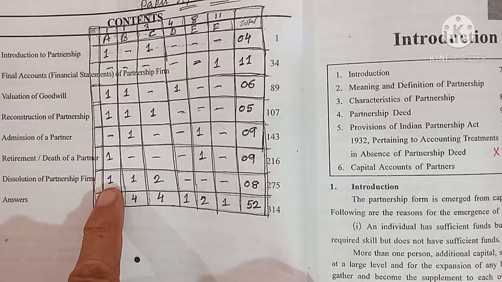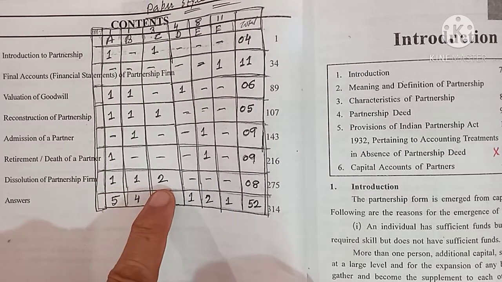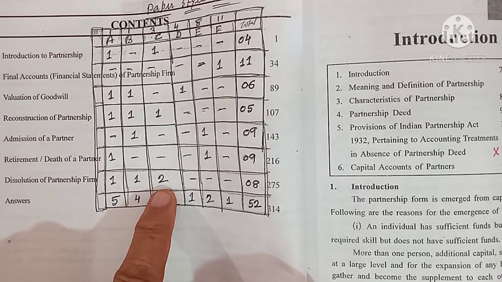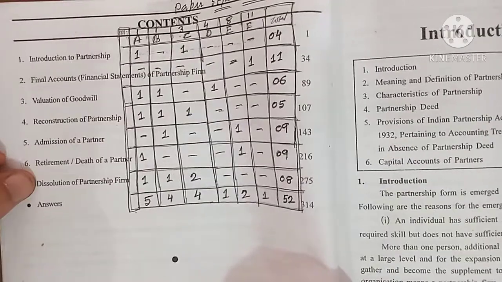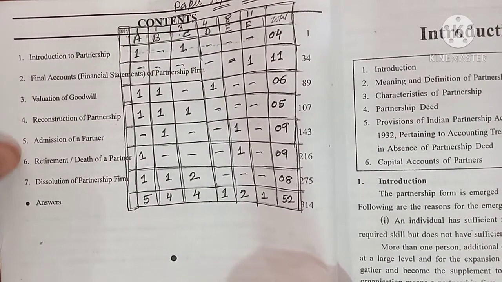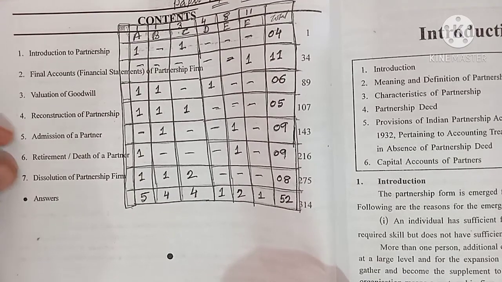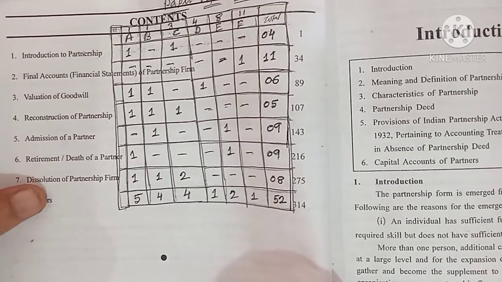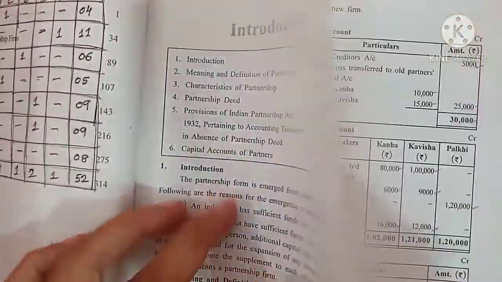And from the 7th chapter, you will get 1 MCQ, 1 from section B, and 2 questions from section C, that is 3 marks. So chapter 5, chapter 6 and chapter 7, that is admission of a partner, retirement or death of a partner, and dissolution of a partnership firm. These 3 chapters, once again I want to revise for your coming test.